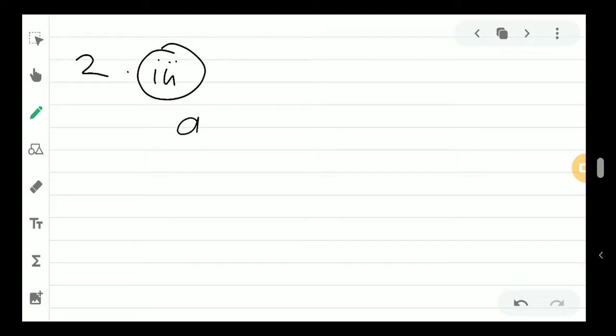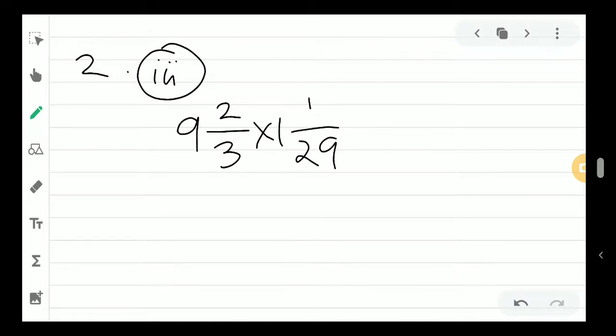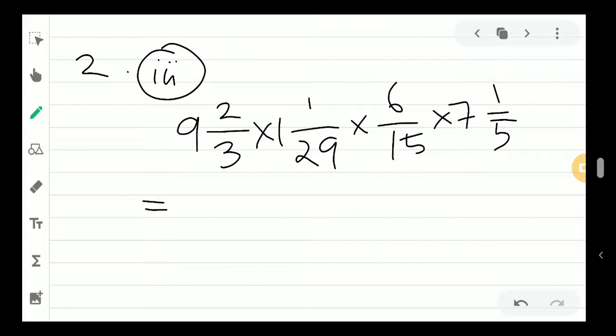So what is here? 9 whole 2 by 3 into 1 whole 1 by 29. First you convert them into improper fractions. If you do so, then you will get 3 9s are 27, plus 2 is what? 29, right?